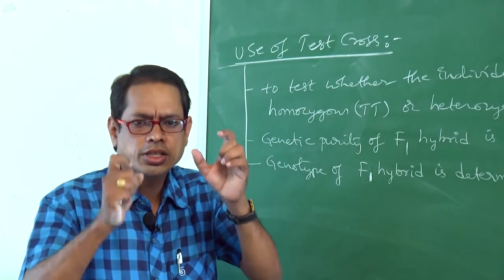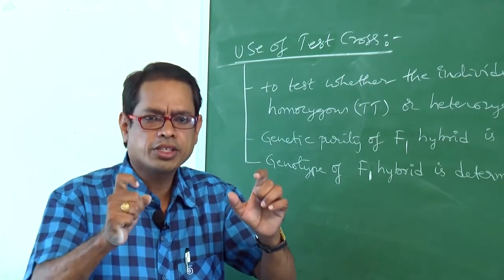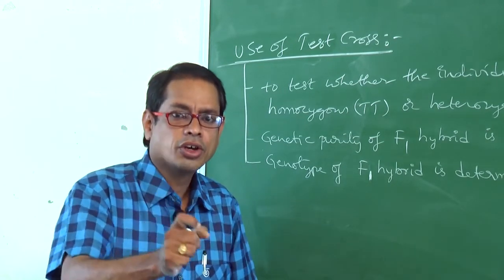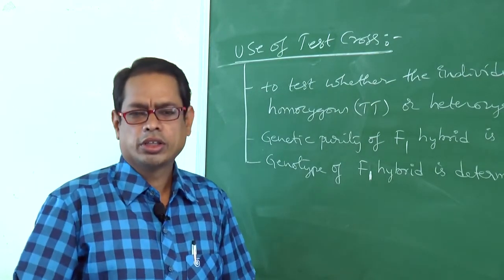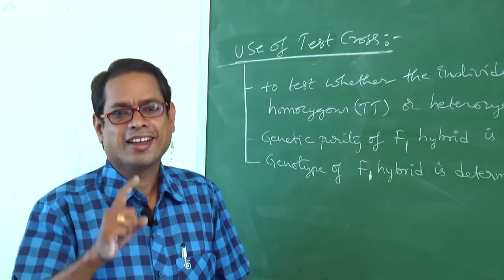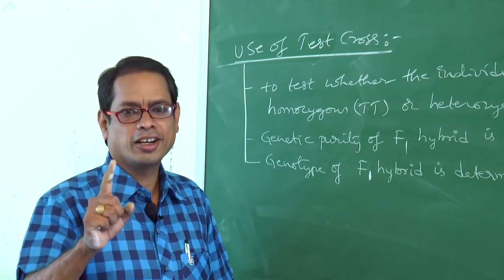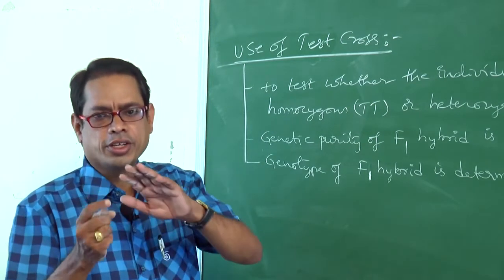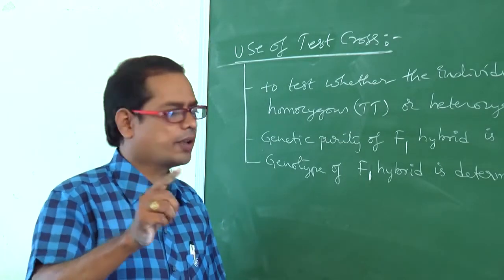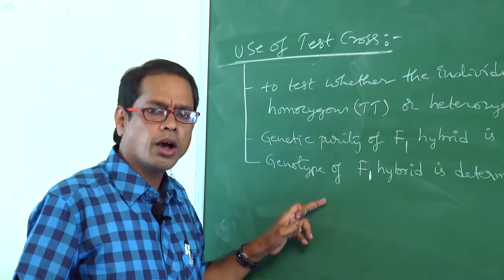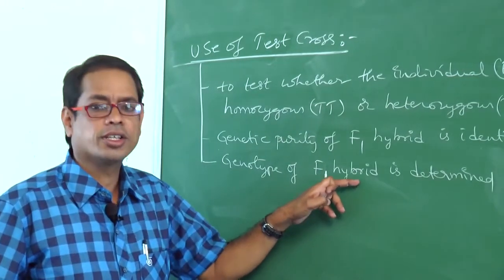So test cross means to test whether the F1 hybrid is homozygous or heterozygous. We know that the F1 hybrid must be heterozygous, not homozygous. That means the genetic purity of the F1 hybrid is identified, and the genotype of the F1 hybrid is determined.